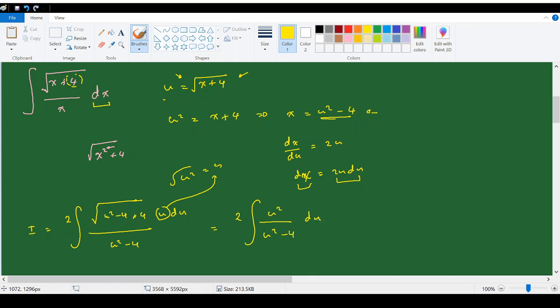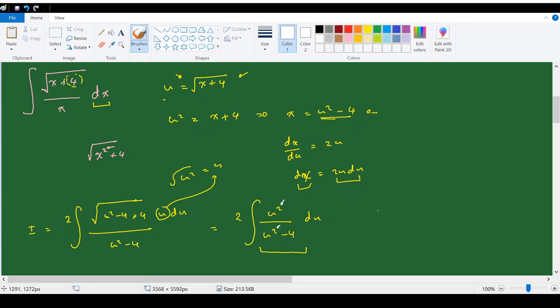Now we can apply partial fractions because there are no square roots inside this expression. It is also of the nature we came across in the theory of partial fractions. But the only problem here is that it is an improper fraction: in both the numerator and the denominator you have the same degree.